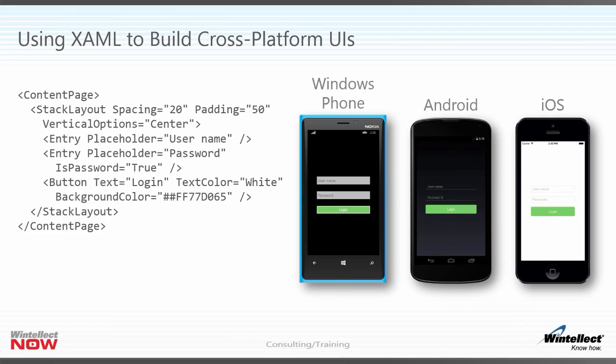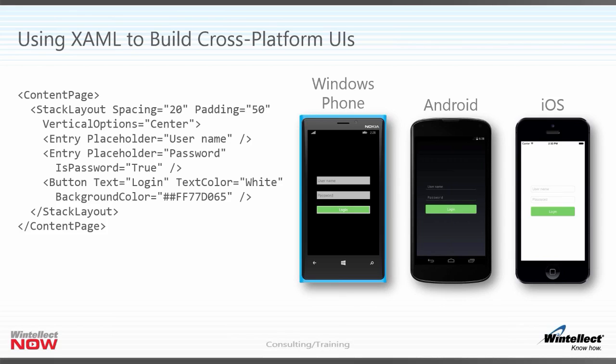But my passion is building native apps. In my mind, a native app is always going to be better than one that's built using something more generic like HTML5, and Xamarin is the way that today at Wintellect we are going cross-platform to build those native apps that run on all of these different platforms.